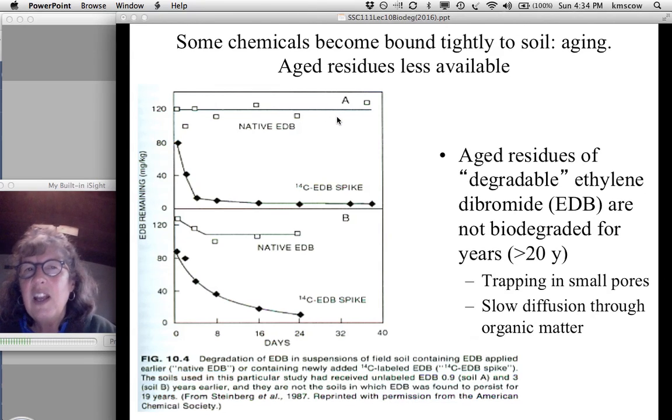And so those are the kinds of discussions and considerations that regulators have to go through to think, do we need to treat this soil that's got this chemical that we don't want there? Do we need to treat it because one day maybe that chemical will become available? And if so, how will we treat it? Because actually what they'd have to do is dig it up and burn it, I think.